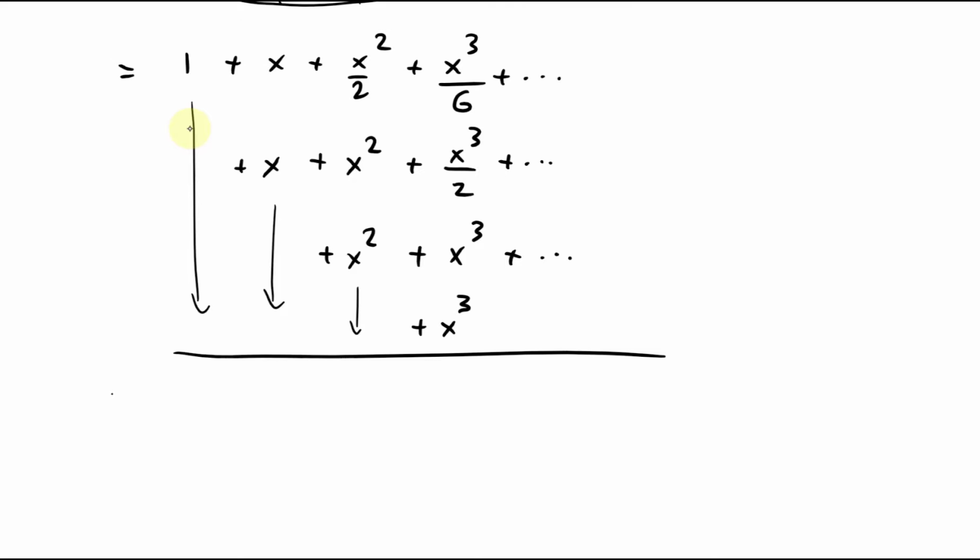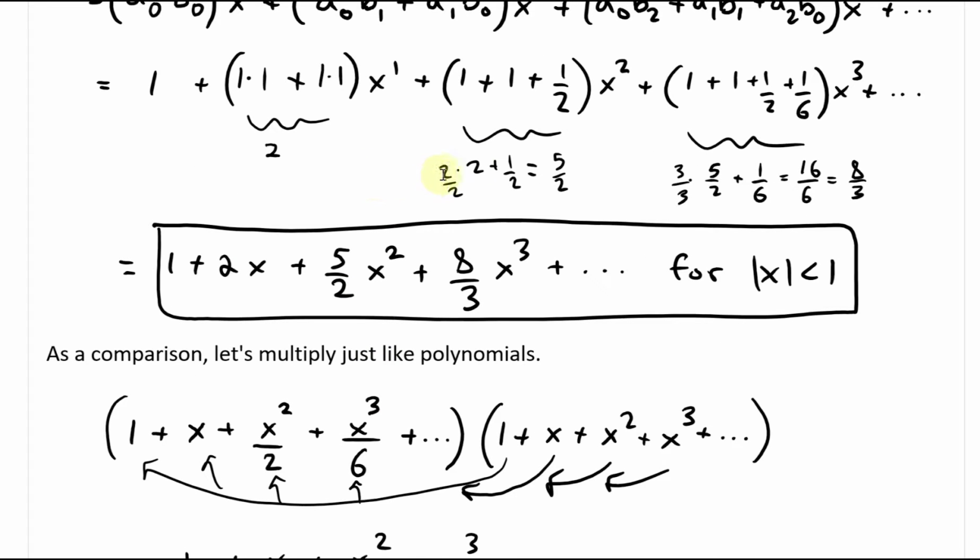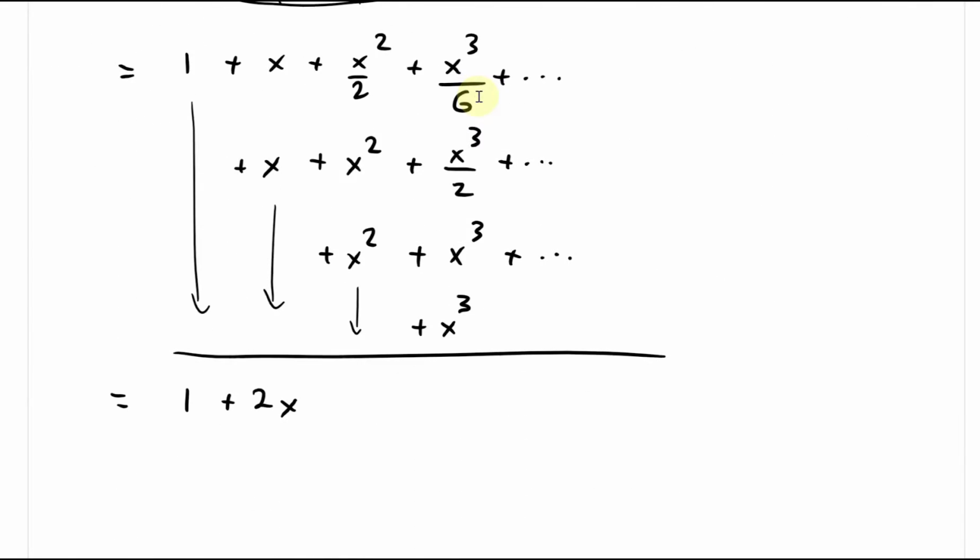So this equals 1 plus 2x. So x plus x is just 2x. And the next one is going to be, well, 1/2 plus 2. So this 1/2 plus 1 plus 1 is exactly the same thing here, so this just equals our 5 over 2 x squared.